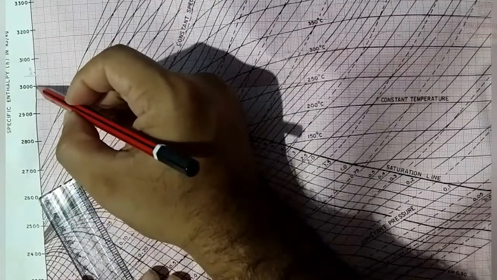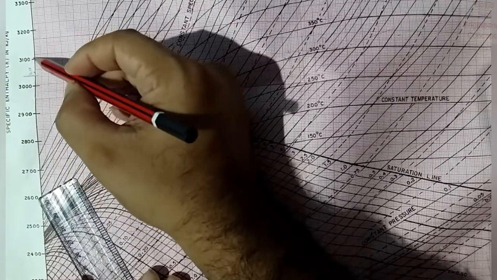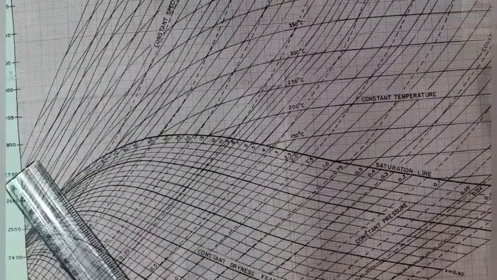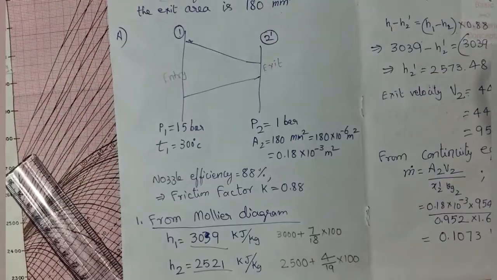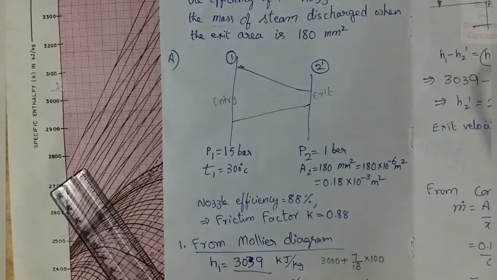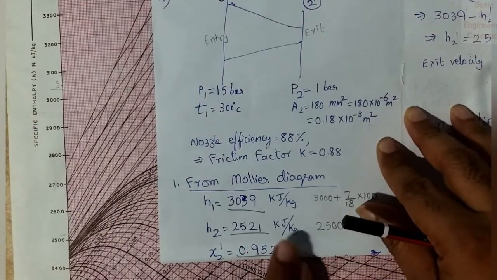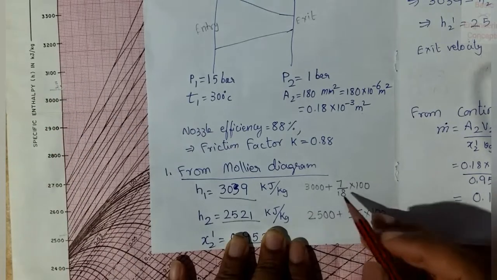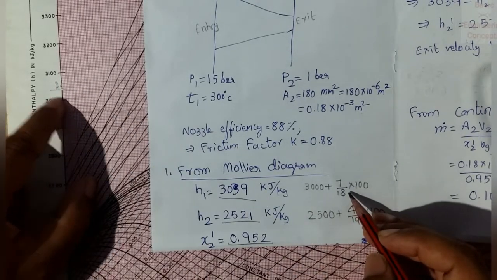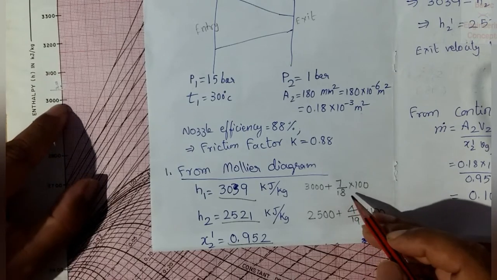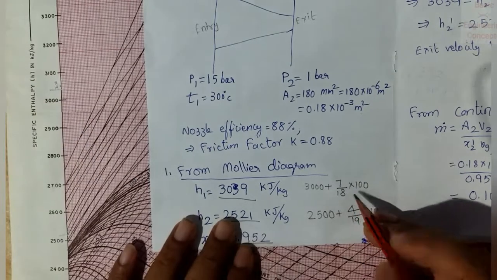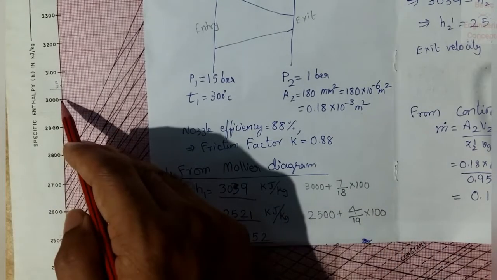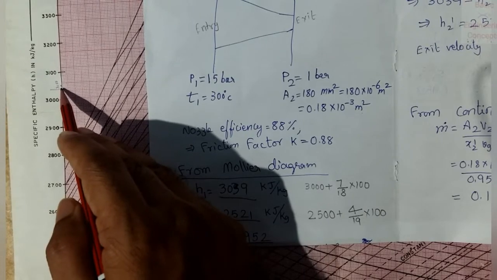So 3000 and 3100. This value is greater than 3000 and less than 3100. Between 3000 and 3100 there are totally 18 lines, and from this to this there are 7 lines.